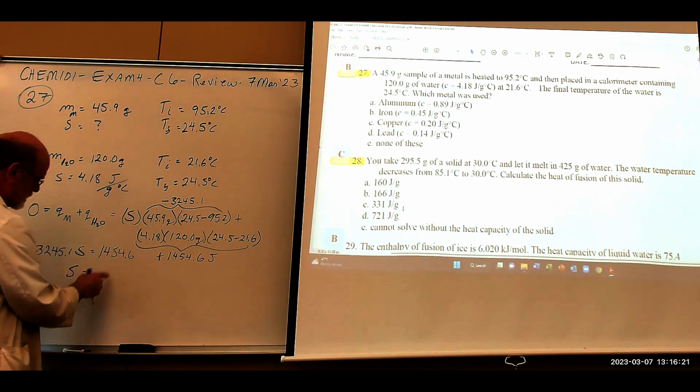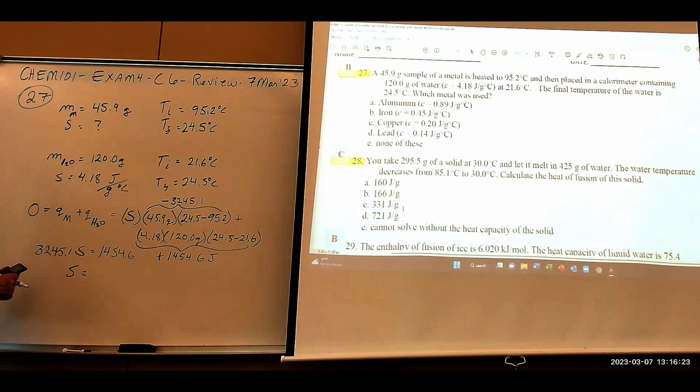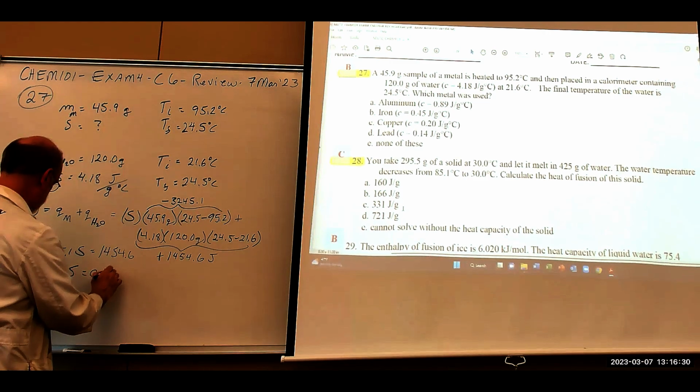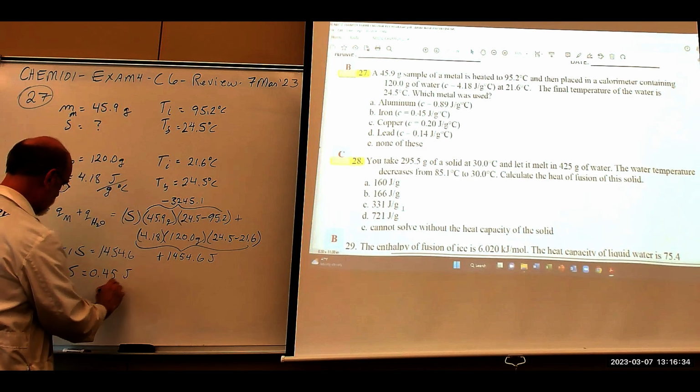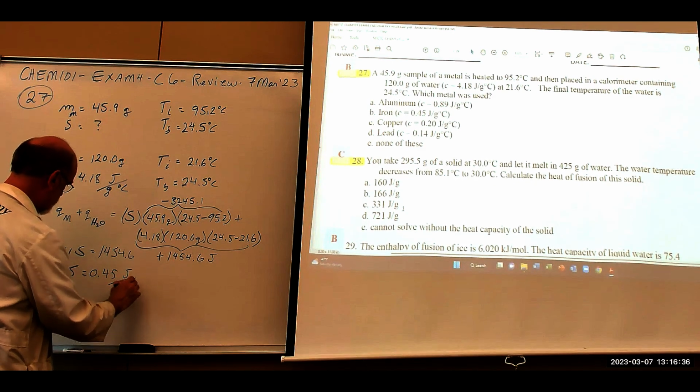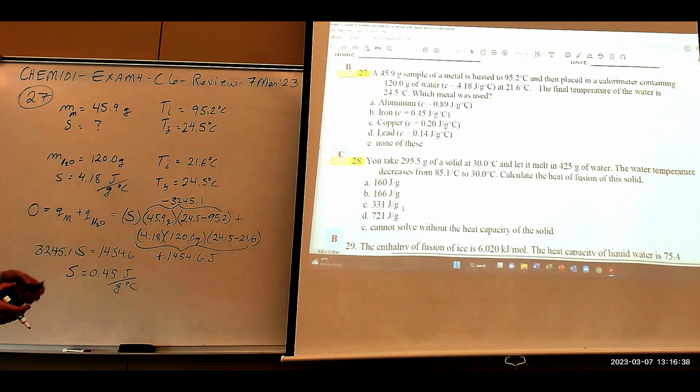So S is just this one divided by that one, which is 0.45 joules per gram degree C. So what's 0.45 of iron?